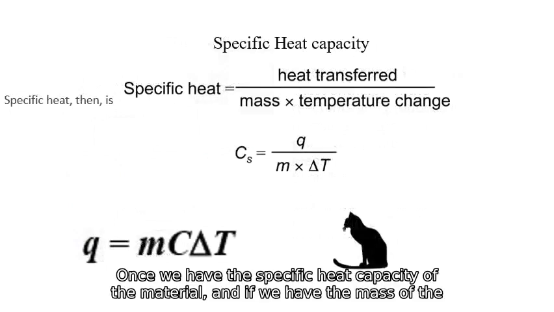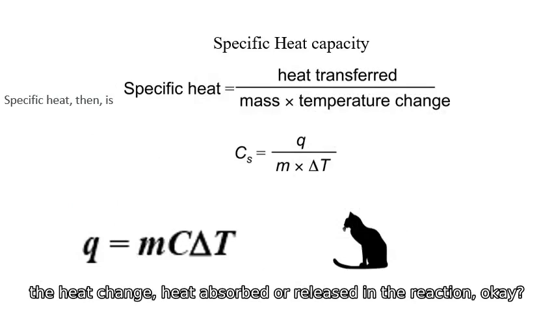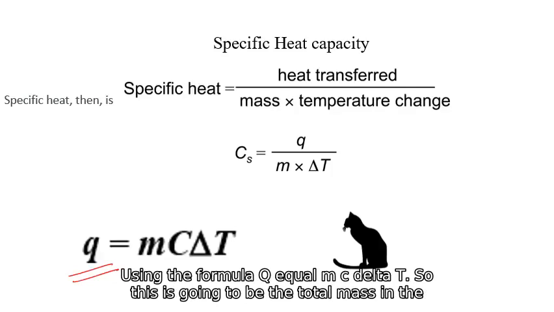Once we have the specific heat capacity of the material and the mass of the material in the calorimeter, and we can measure the temperature change, then we can calculate the heat absorbed or released in the reaction using the formula Q = mcΔT.